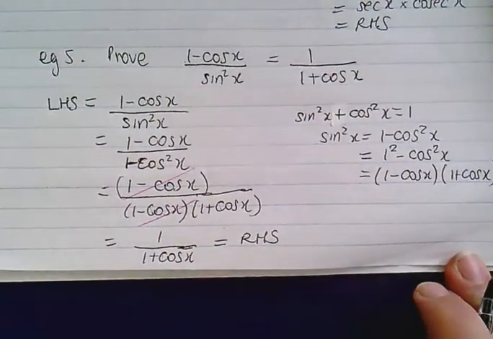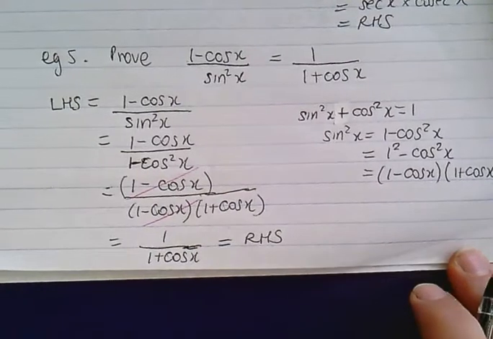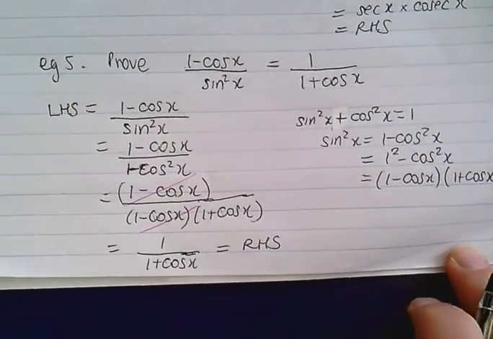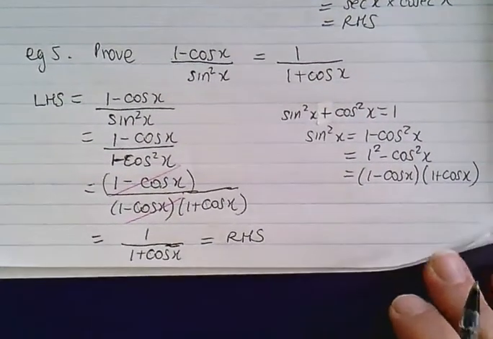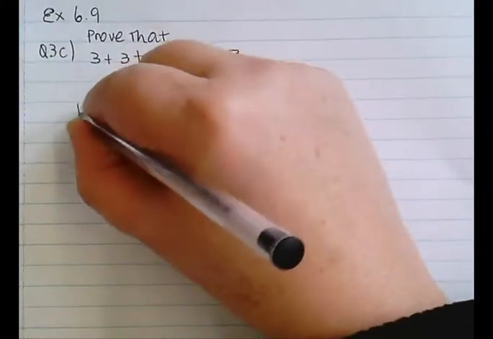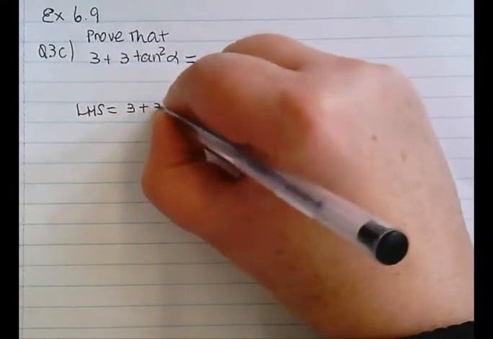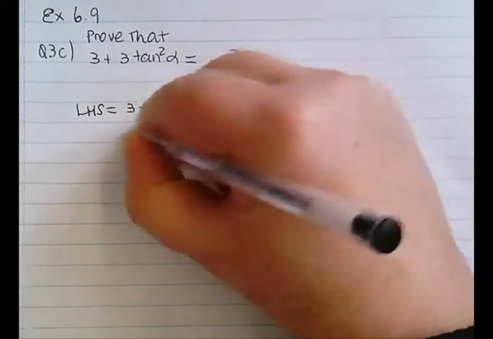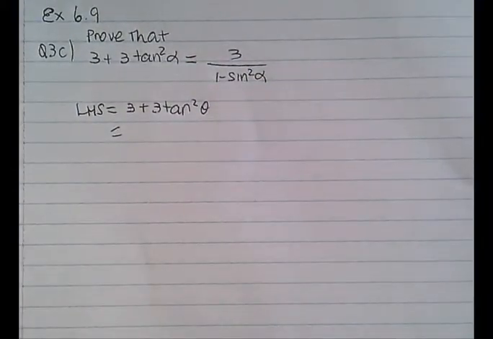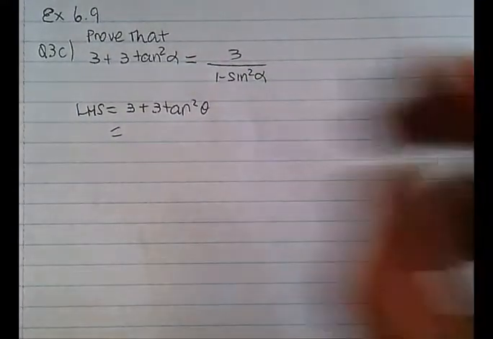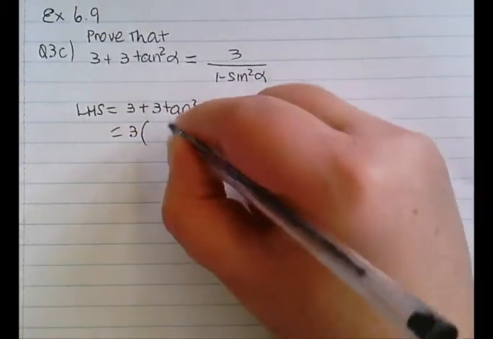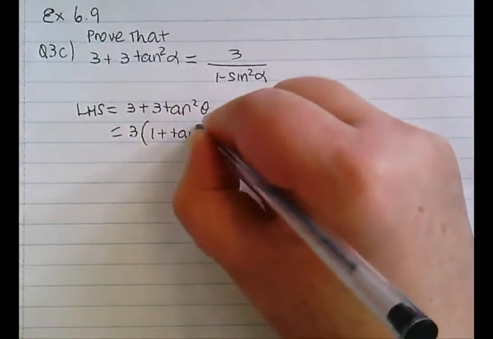So please, if you see sine squared, you're meant to use a Pythagorean identity 99% of the time. All right? Right-hand side equals 3 plus 3 tan squared theta. What do you think you want to do with that? Yeah, factorize. 3 bracket 1 plus tan squared theta.